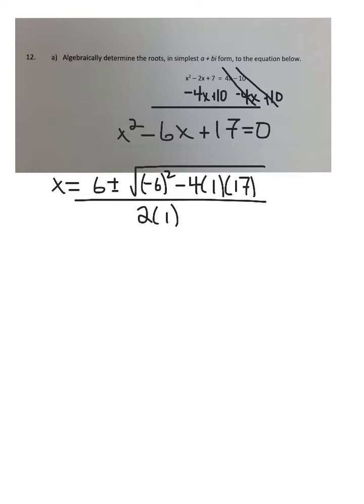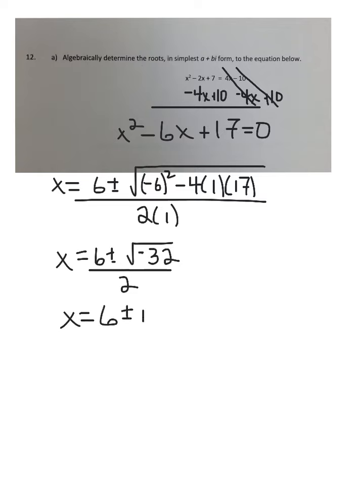Okay? All right, so we're going to get x equals 6 plus or minus the square root of negative 32, all over 2. Okay, so I know that I'm going to have an i, right? And so I'm going to put that outside because I have a negative underneath the square root. And I would break this down to 16 and 2.